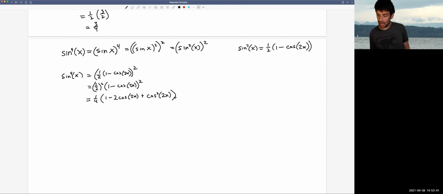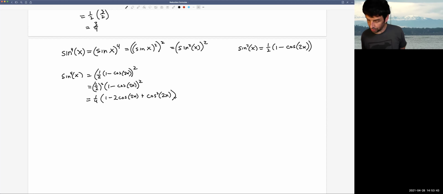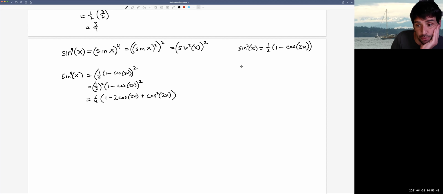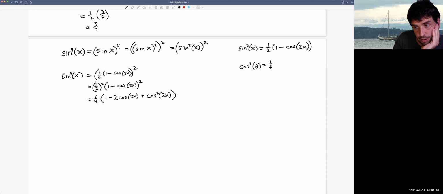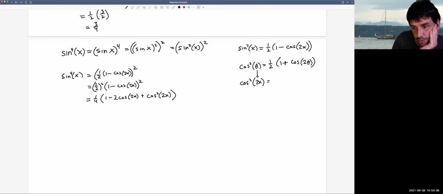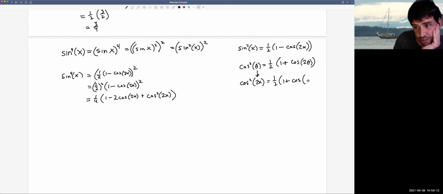Well, we still have a power of cosine bigger than 1 that we don't want, but I can use the rule that cosine squared of theta is equal to 1/2 (1 plus cosine of 2 theta). Oops, this should be a plus, right? So I'm just replacing the theta with 2x, and then I've got the 2 sitting there.